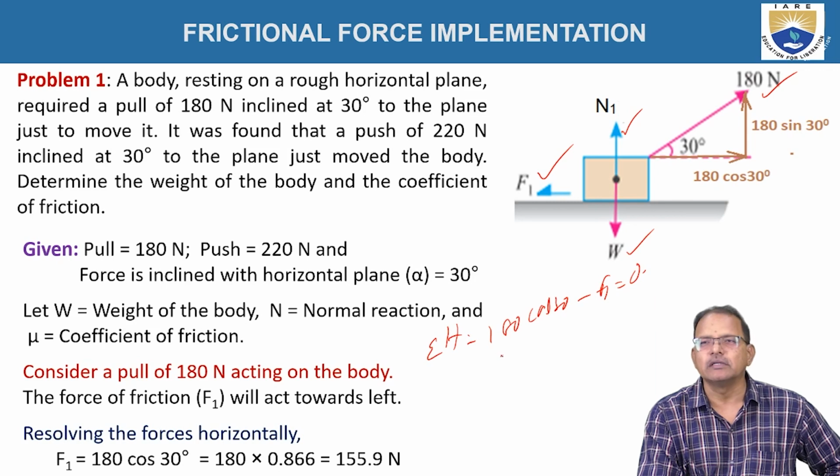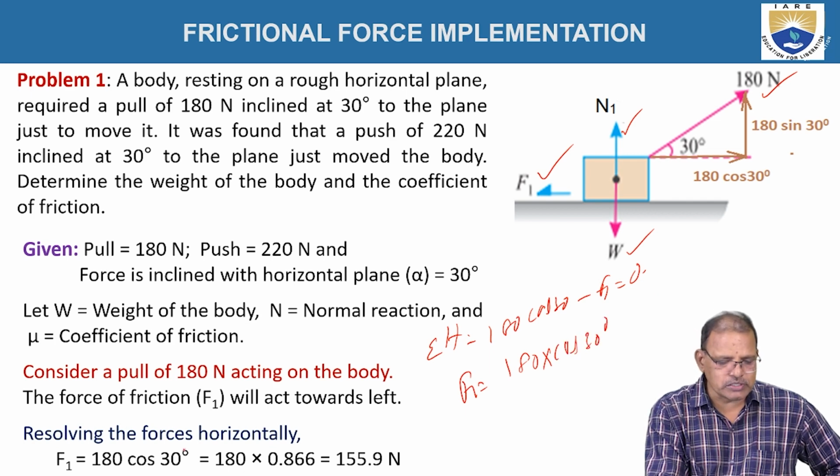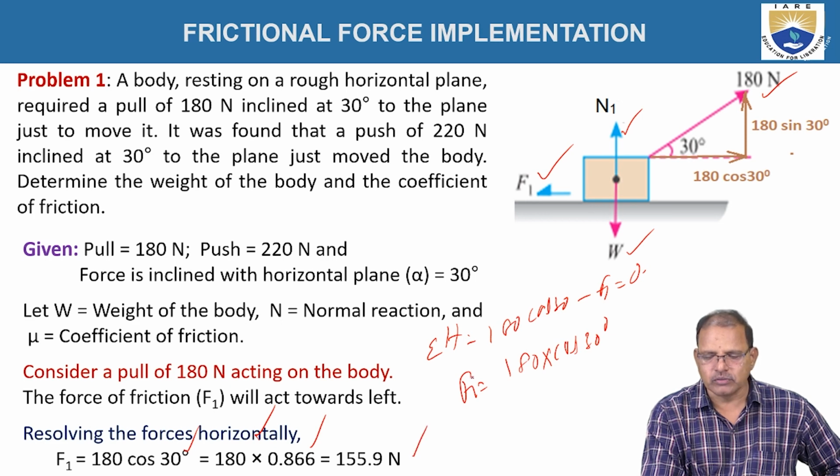From this relationship, F1 is equal to 180 into cos 30 degrees. Cos 30 is 0.866, so F1 is 155.9 newtons.